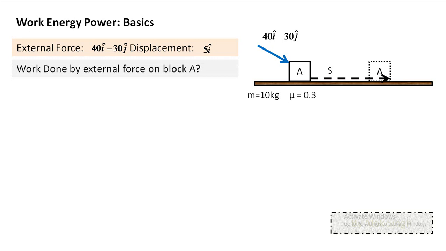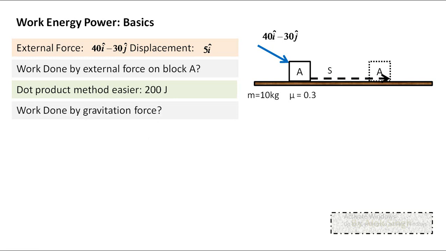Force dot displacement, so 40 into 5 and minus 30 into 0. So basically the work done is 200 J. What we notice here is the displacement is along the i direction, hence the component of force which is perpendicular to displacement will not do any work.